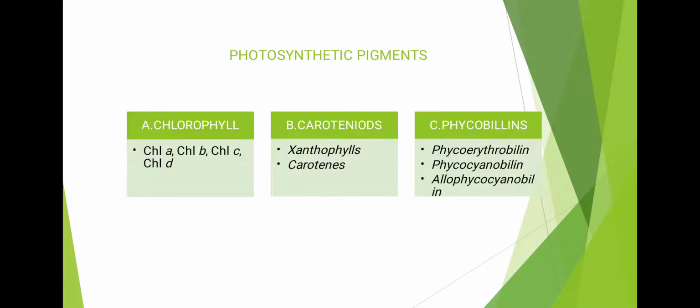There are various types of chlorophylls, of which I have given a few examples: chlorophyll A, B, C and D. In carotenoids, we have xanthophylls and carotenes. And in phycobilins, we have phycoerythrobilin, phycocyanobilin, and allophycocyanobilin. Please note these down in your copy. We will study these in detail in the next slides.